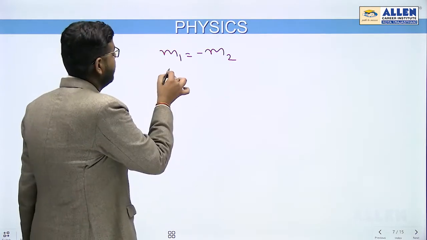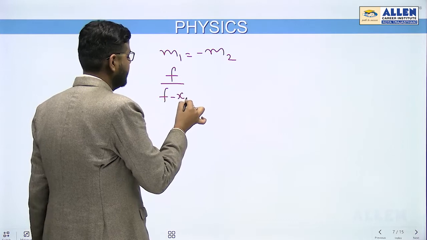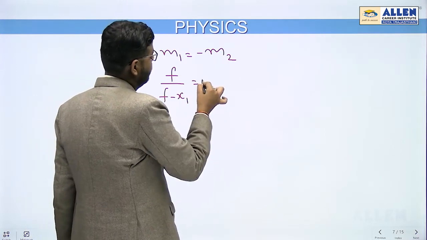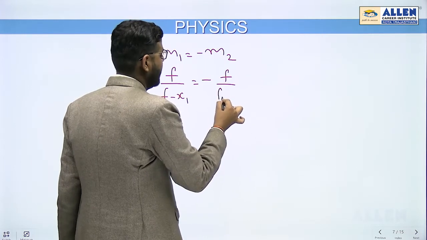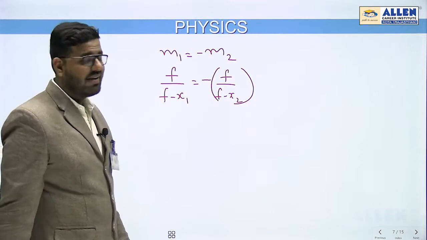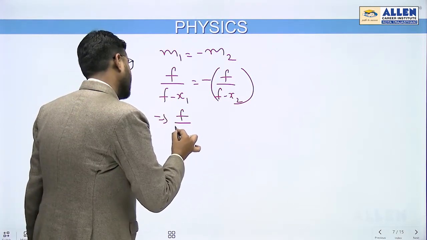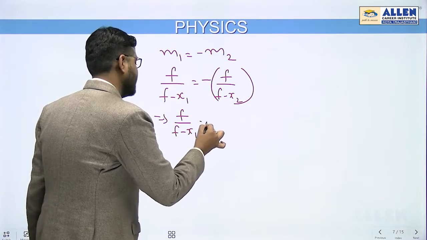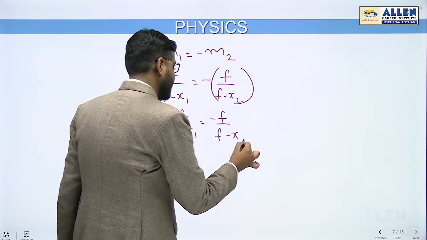So we have the value for m1, that is f by f minus x1 is equal to minus, we have the value for m2, that is f by f minus x2. So we can write f by f minus x1 is equal to minus f by f minus x2.